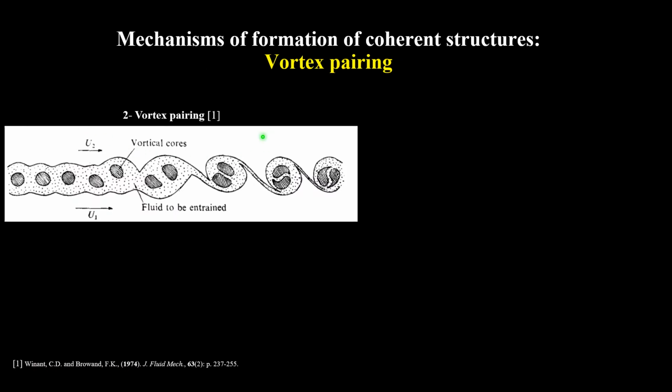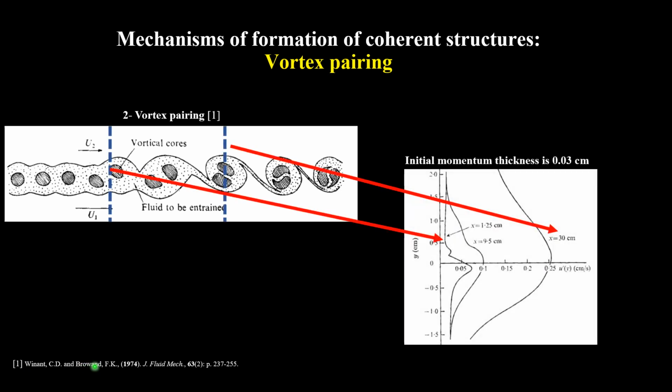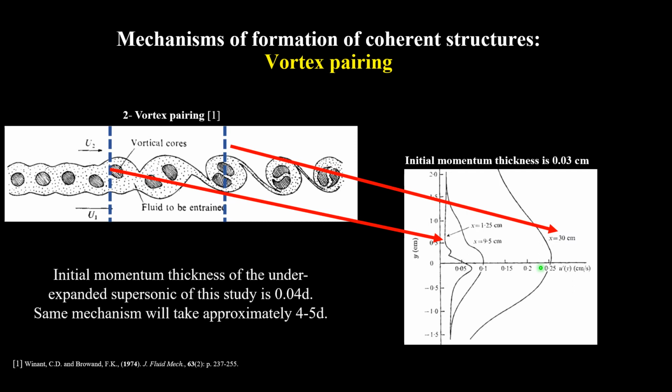Let's look at the vortex pairing mechanism. In the original experiment by Winant and Browand, the length required for a successful pairing, non-dimensionalized by initial momentum thickness, is about 100. Considering the same condition is valid in our case, the length required for one successful pairing is 4 to 5 jet diameters.